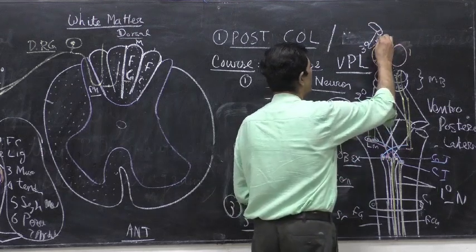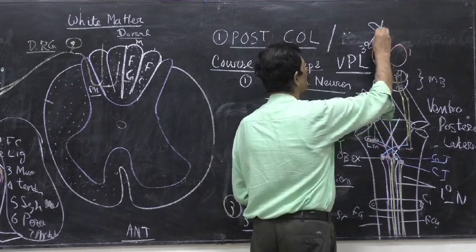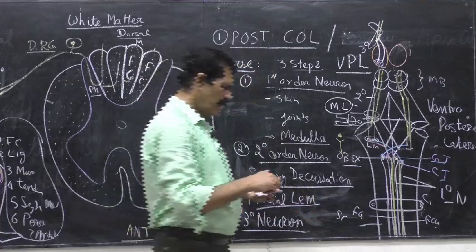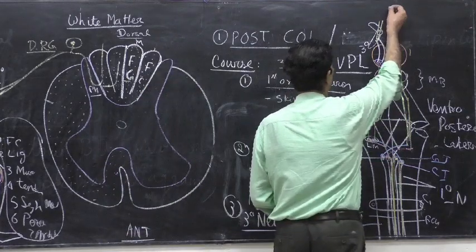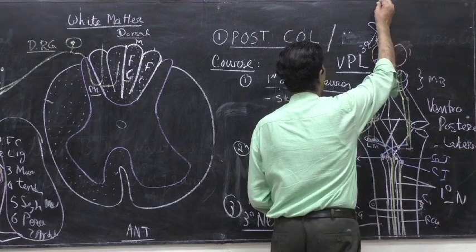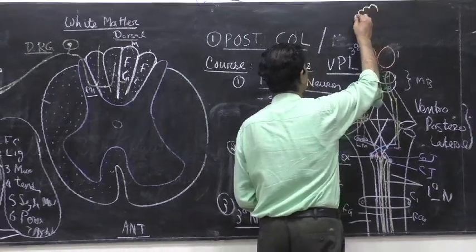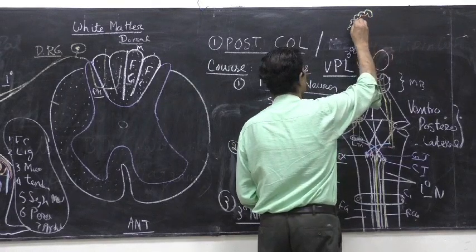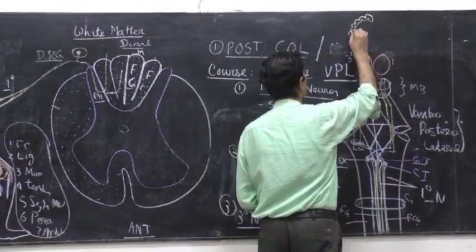And from here, these third order neurons of the medial lemniscus ascend upward and ultimately end in the post-central gyrus of the parietal lobe, which is also called sensory cortex, the conscious level of the brain.